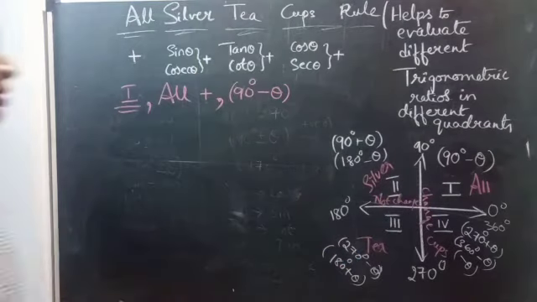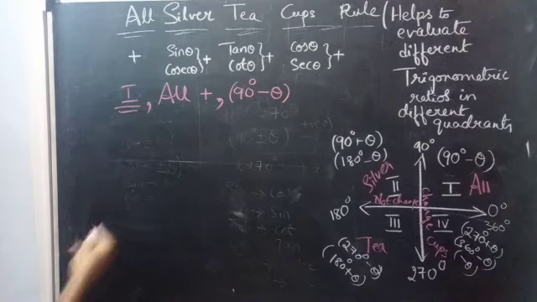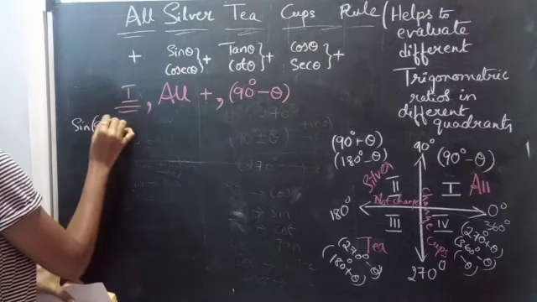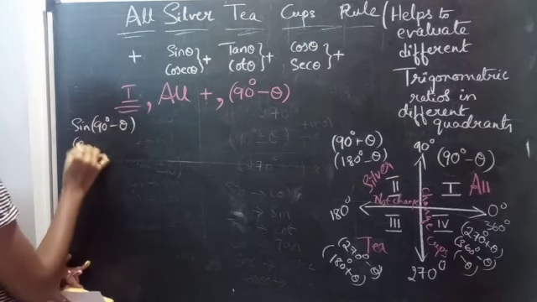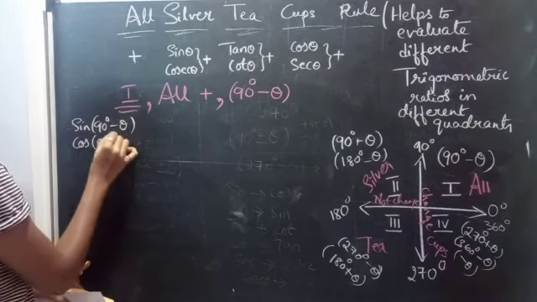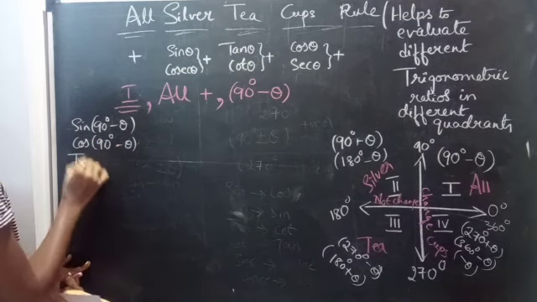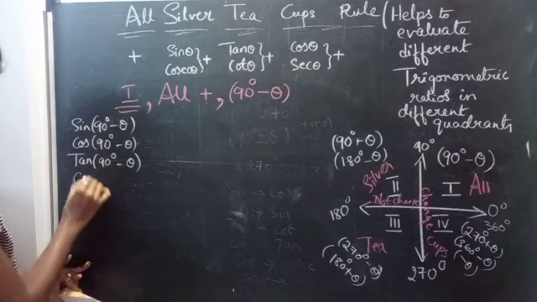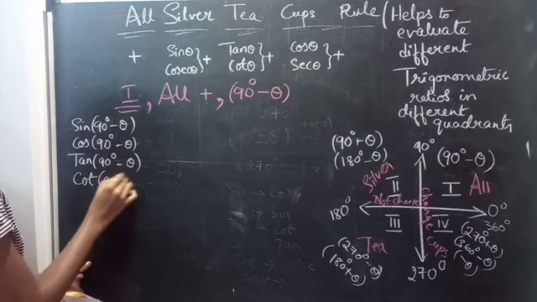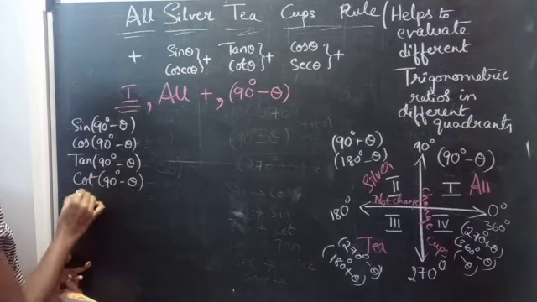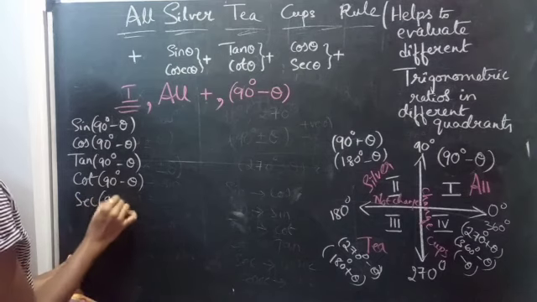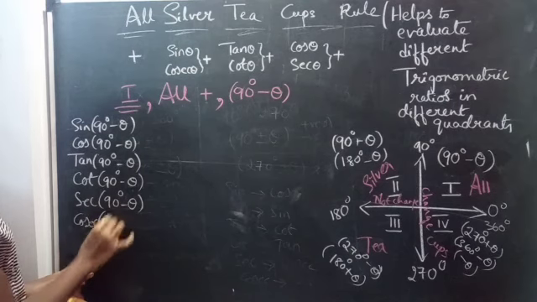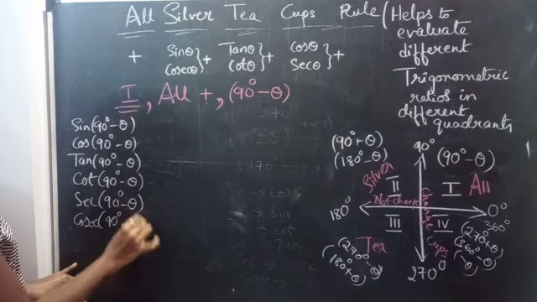Remember this. For 90 minus theta: sine 90 degrees minus theta, cos 90 degrees minus theta, tan 90 degrees minus theta, cot 90 degrees minus theta, secant 90 degrees minus theta, cosecant 90 degrees minus theta.